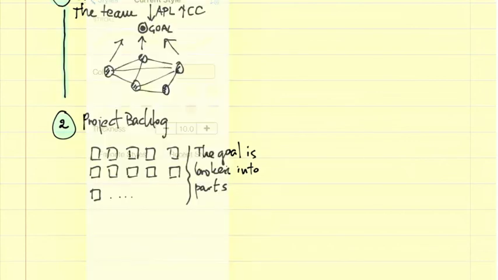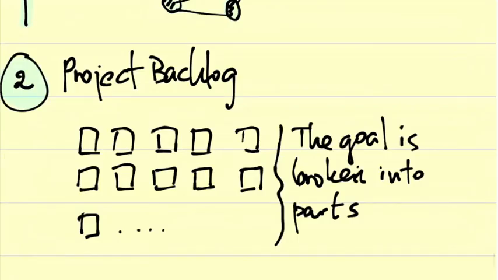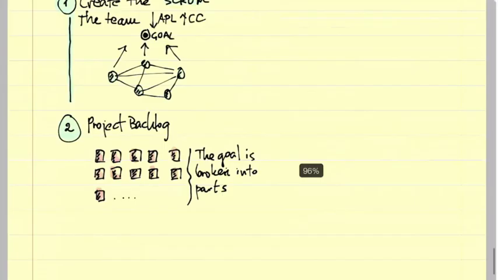These are things that need to get done in order to achieve your goal. This is your project backlog.